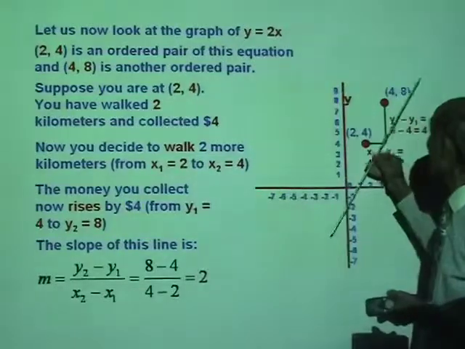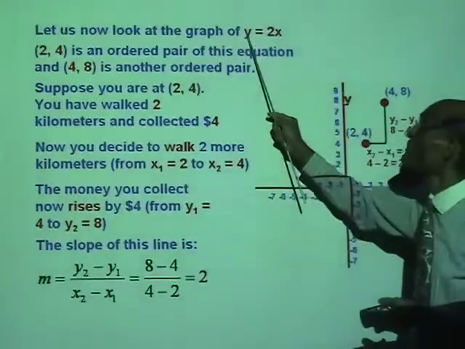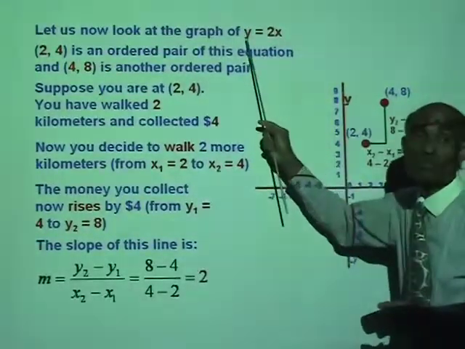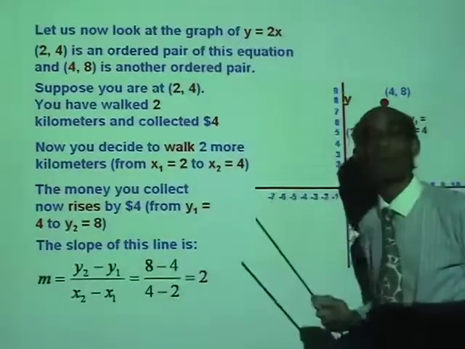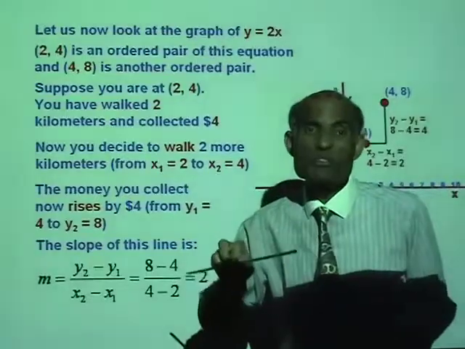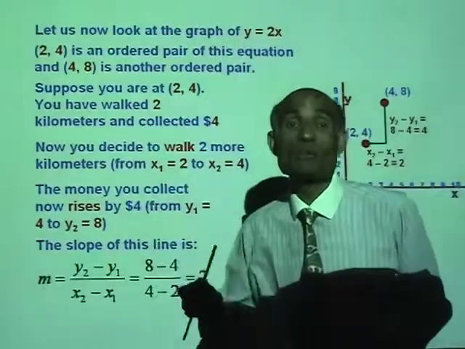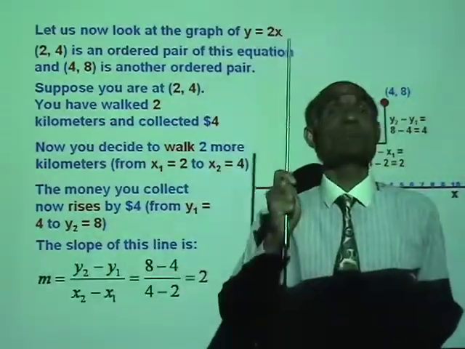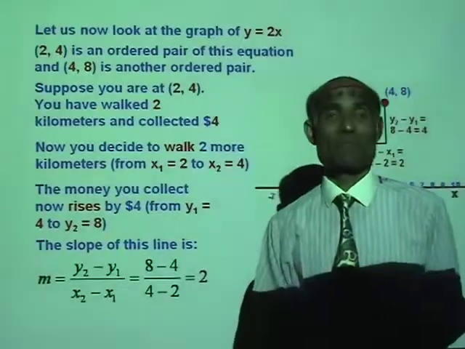The slope of the graph of y equal to 2x is 2. What does it tell you? Every time x changes by 1 unit, y will change by 2 units.